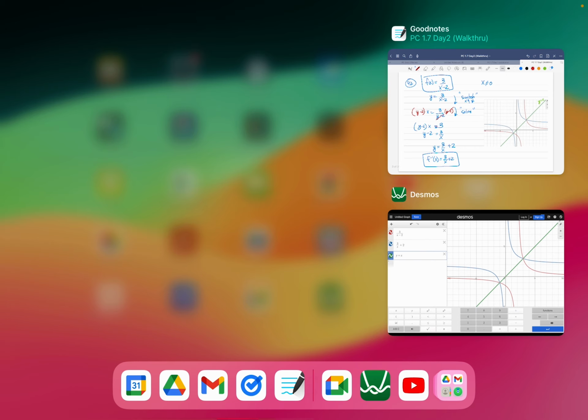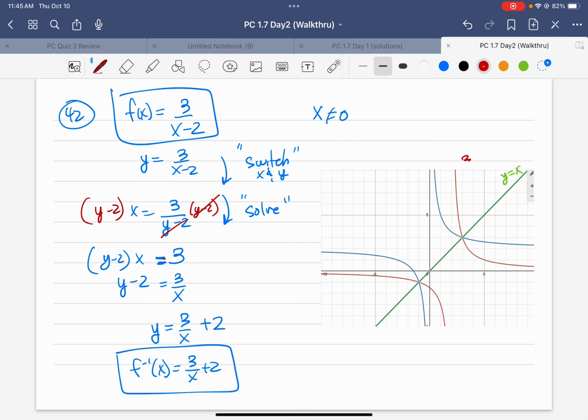My original is in red. So my original is 3 over x minus 2. And then my other one is in blue. That's my 3 over x plus 2. Maybe I call this f of x. I call this f inverse of x.